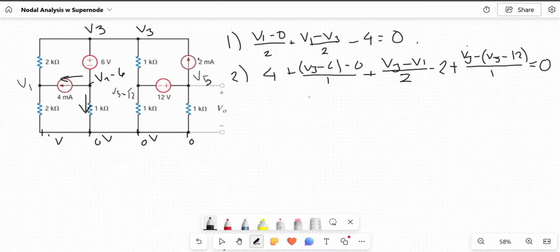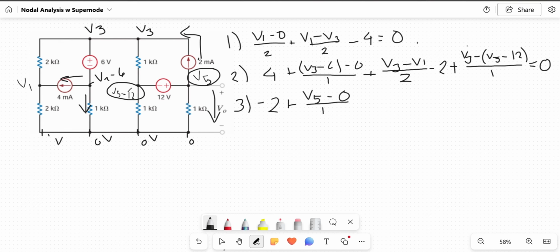And for the last node, V5, make sure to include everything that has a V5 in it, every node. So for our equation 3, we have 2 milliamps going away, so that's going to be negative 2. We have V5 to ground plus V5 minus 0 volts over 1.